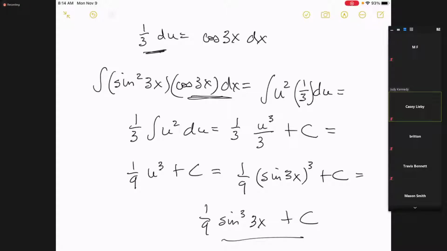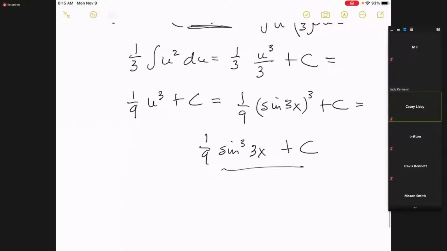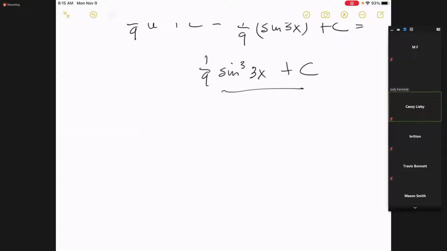Oh, let's do one. Okay, that's a definite integral. And I'm going to go through two ways to work it.